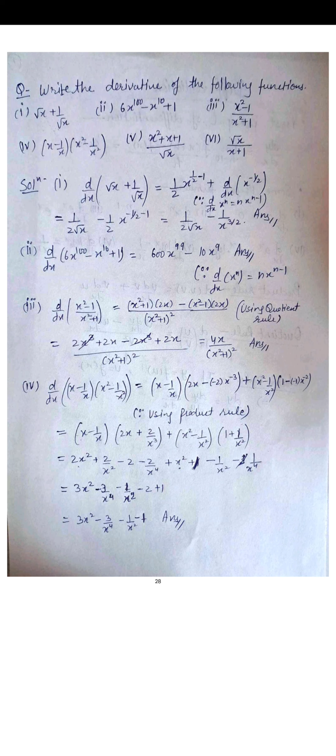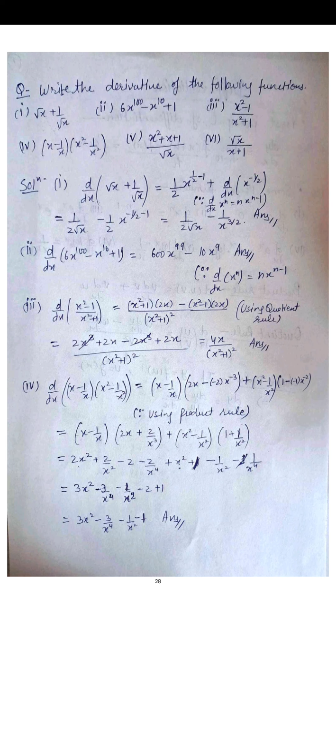Now we have some questions. First is derivative. Find the derivative of the following function with respect to x. First is derivative of root x plus 1 upon root x. Now see here, root x is something like a function x raised to the power n, where n is 1 by 2.